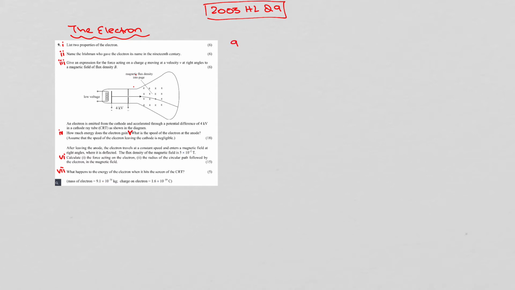So in 9 part 1 it says list 2 properties of the electron. So of course we can say the electron has a negative charge. We could say that it orbits the nucleus. We could say because it has a charge, it is deflected by a magnetic and an electric field.